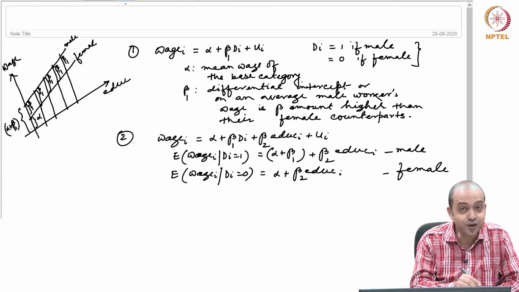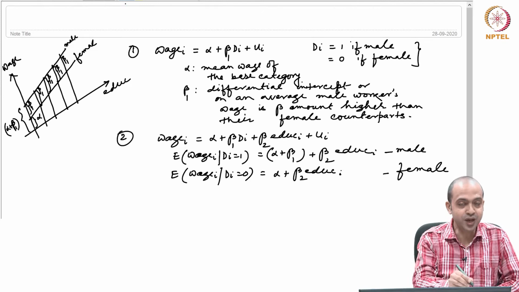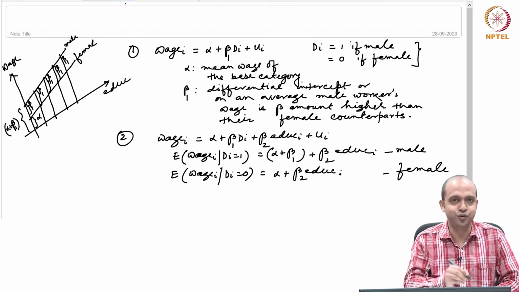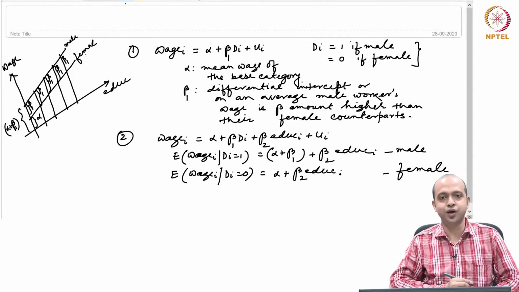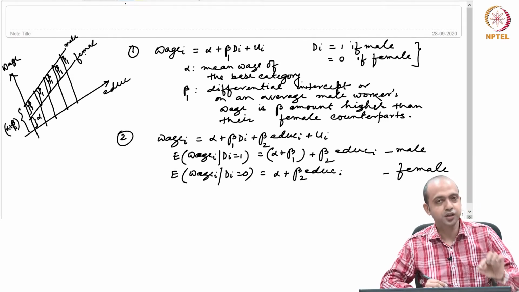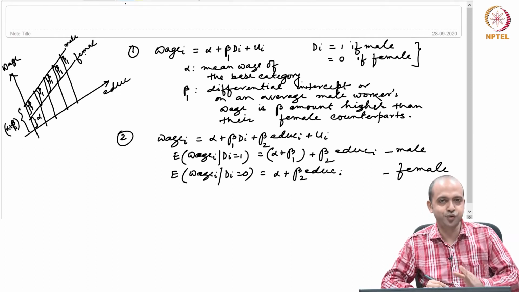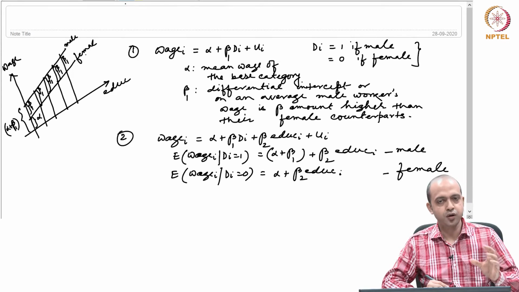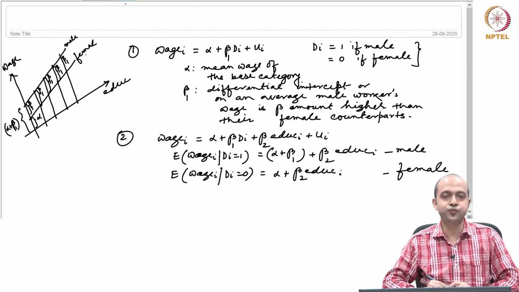For each and every level of education, male workers earn beta 1 amount higher wage than their female counterpart. That is why we say that beta 1 is the differential intercept, and the practical interpretation is male workers on average earn beta 1 amount higher wage than their female counterpart.